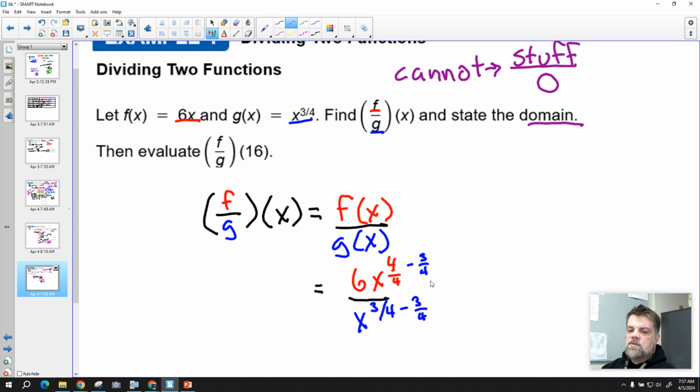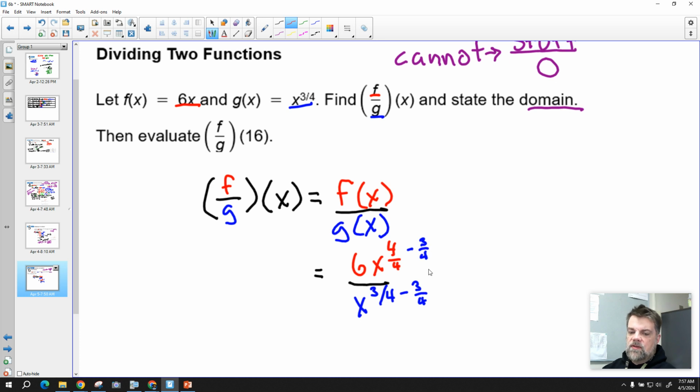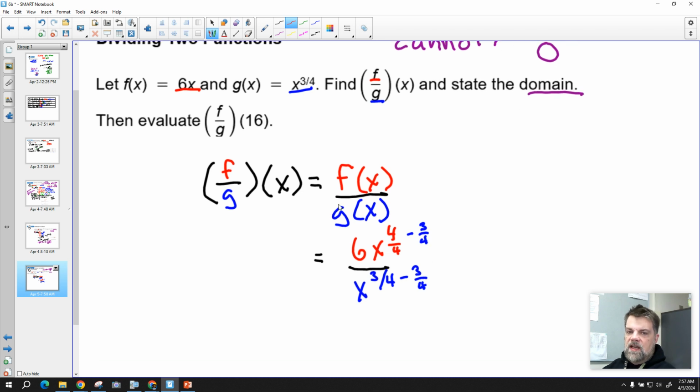So 4/4 minus 3/4 leaves us with 1/4. Okay. So then what do we put on the bottom here? Well, this is going to be 6 times x raised to the 1/4.